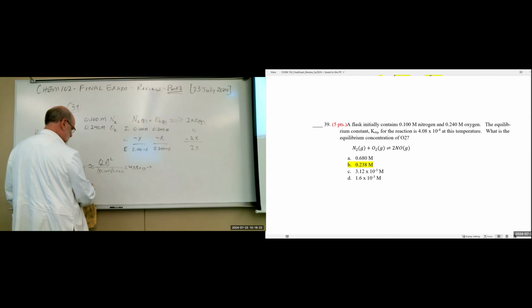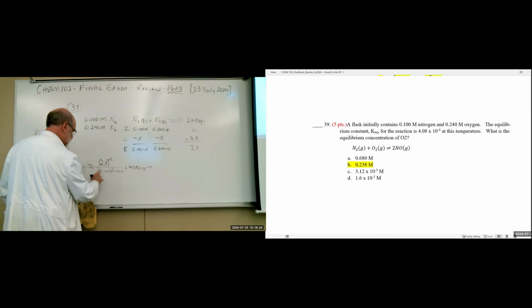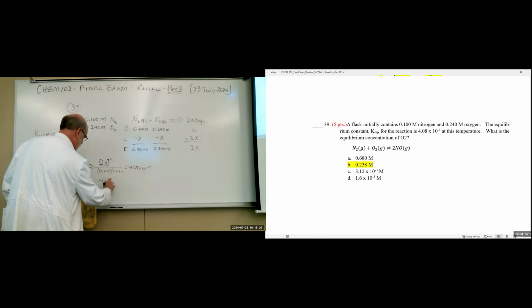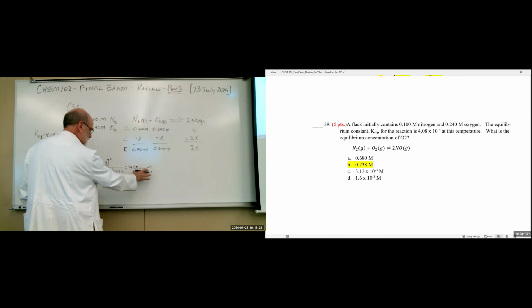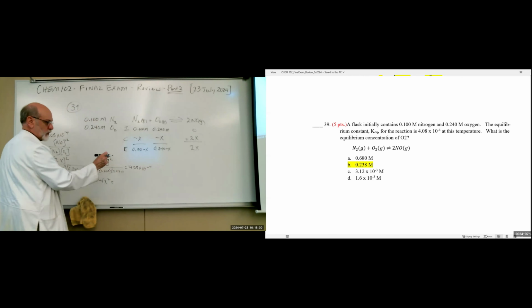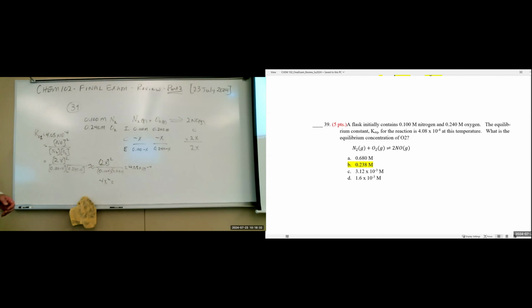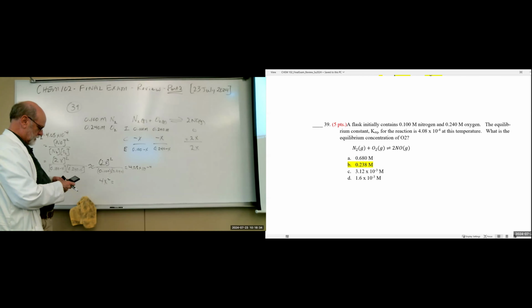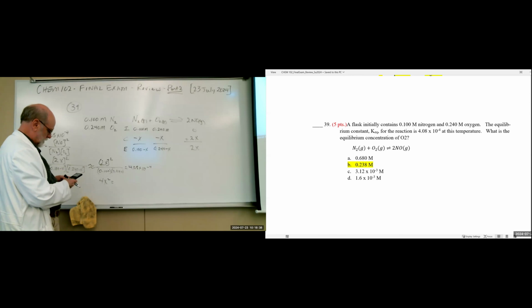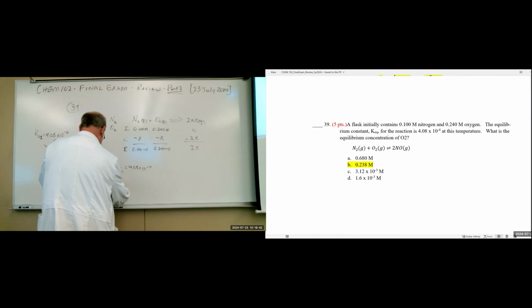So 2 squared, 4X squared equals 4.08 times 10 to the minus 4, times 0.1 and times 0.24. That's equal to 9.79 times 10 to the minus 6.